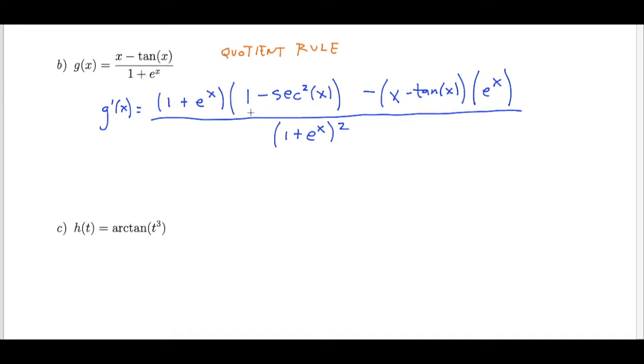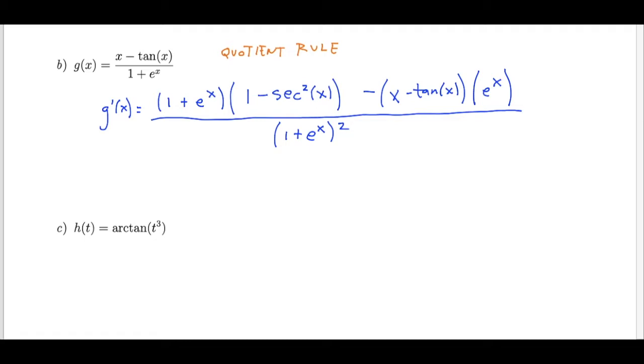So here I have the derivative of x minus tangent x yields 1 minus secant squared. I then reverse the roles. I use my numerator, undifferentiated, and here I have the derivative of the entire denominator. So in this case, it's simply e to the x. And then I just take my denominator and I square it. Again, I'm not going to take the time to simplify that for the purposes of this example.